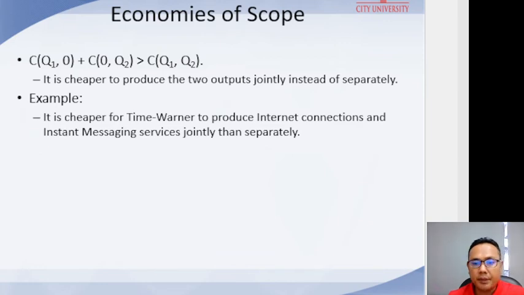So after a certain quantity, a certain output, further increases in output lead to an increase in average cost. This condition is known as diseconomies of scale.